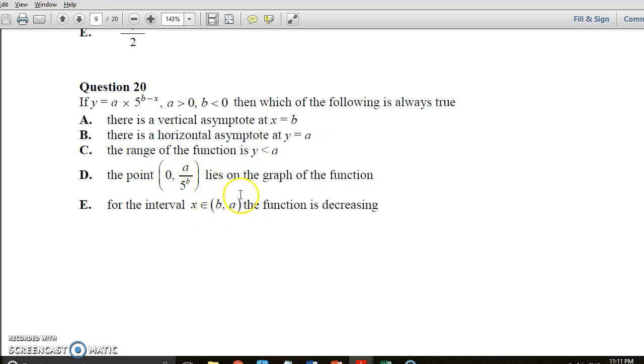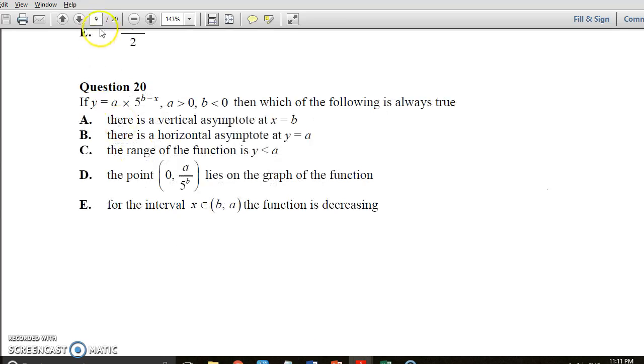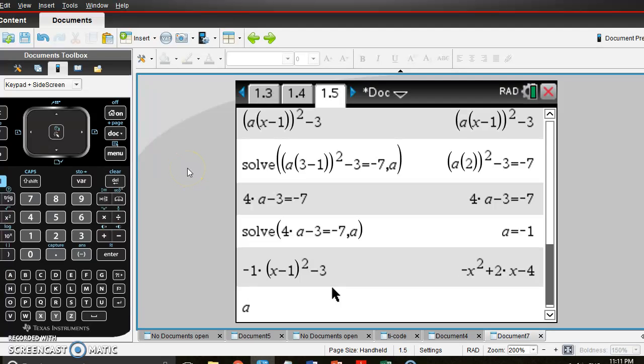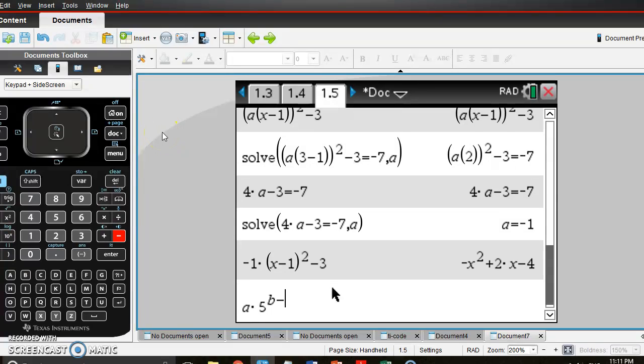Now, I was really torn between these two, so let's see if we can do anything with this. I'm going to type it in exactly as it is here. So I'm going to say a times 5 to the power of b minus x.